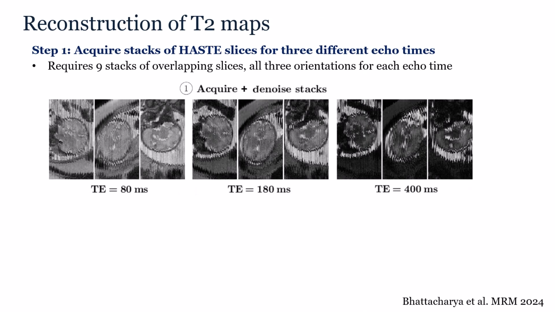We have proposed a solution for reconstructing motion-corrected T2 maps of the fetal brain in our previous work. We acquire 9 stacks of overlapping HASTE slices with 3 different echo times, each echo time in all 3 orientations.